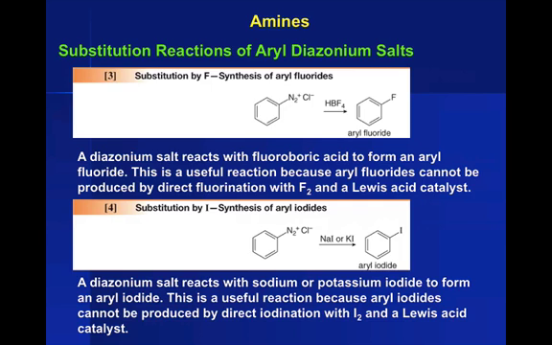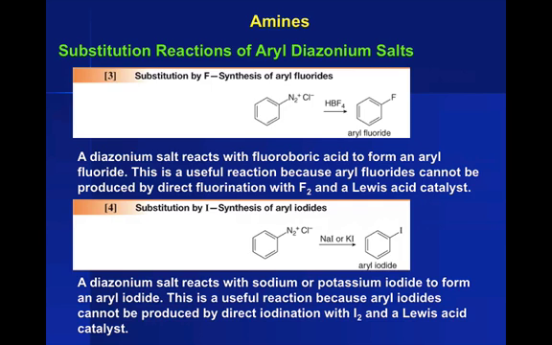All we need is a source of fluoride, and we use HBF4, okay? That is a good source of fluoride, and it will work because I don't have F2 around. So it works pretty well.